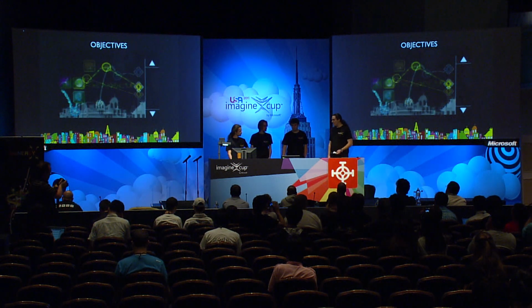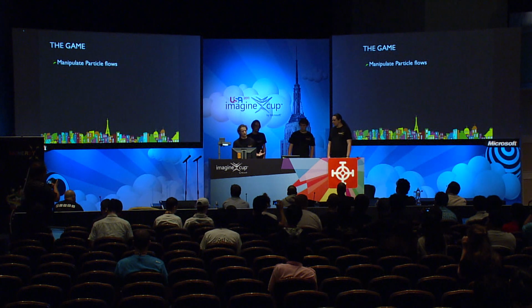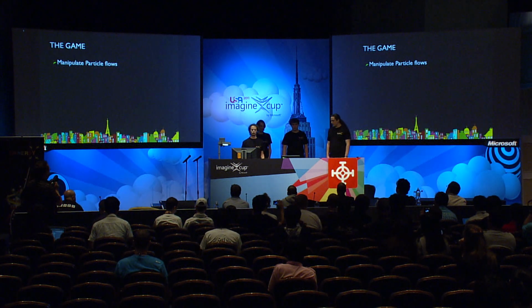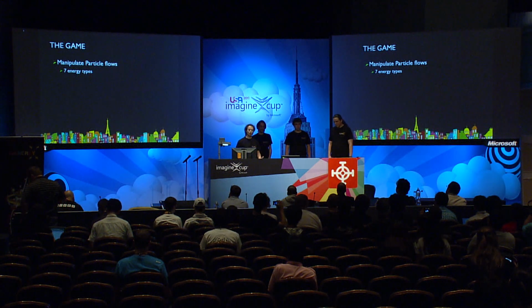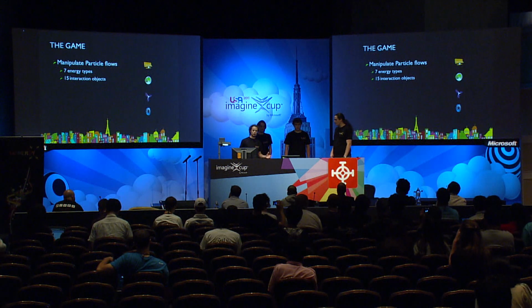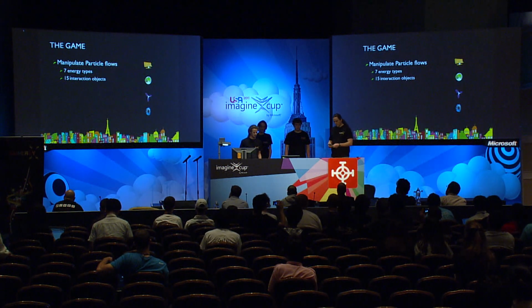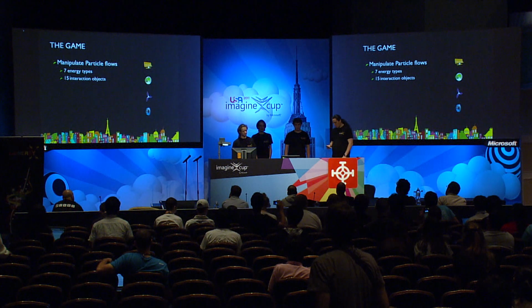Okay, so what is Brain-Energy? Concretely, Brain-Energy is a game where you can manipulate particle flow. This particle flow refers to renewable energy, and we have 7 different types of renewable energy. We also have 15 interaction objects, all inspired by real life, like you can see: the solar panel, the alternator, the wind turbine, or the hydraulic dam.